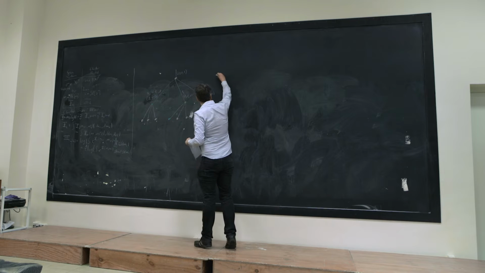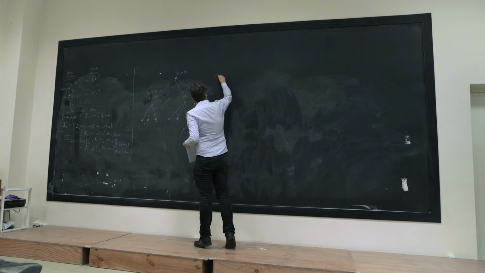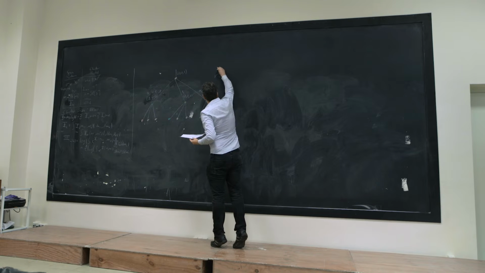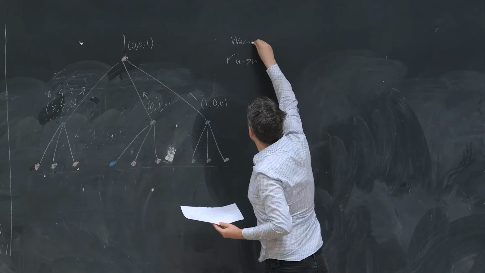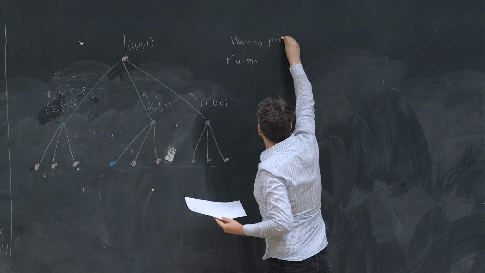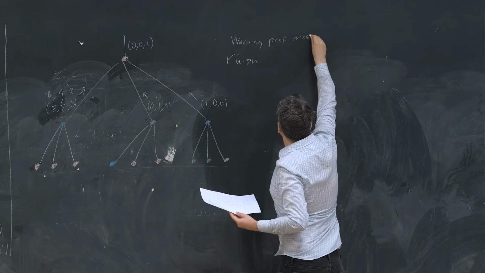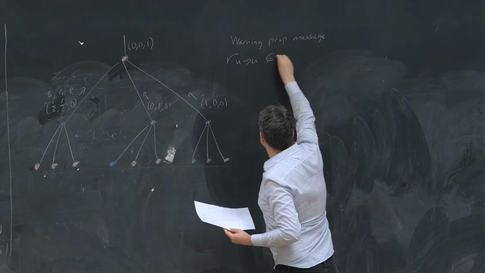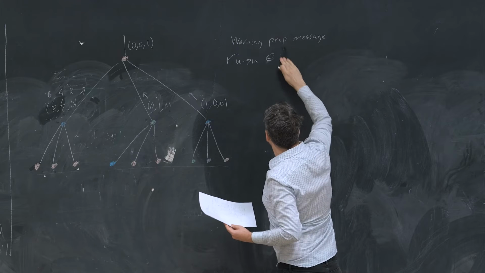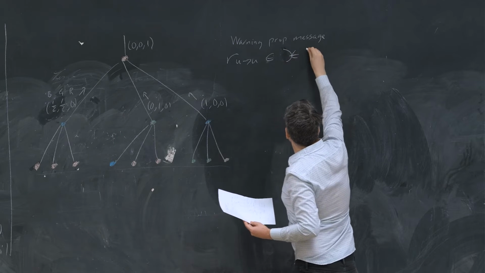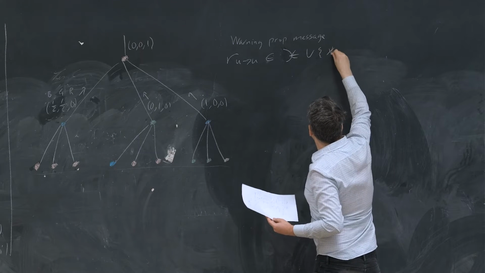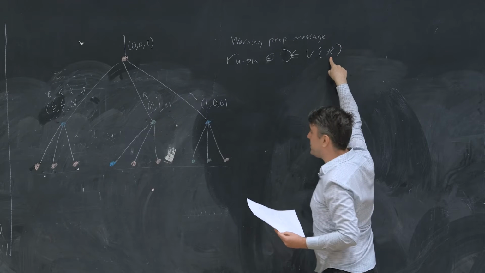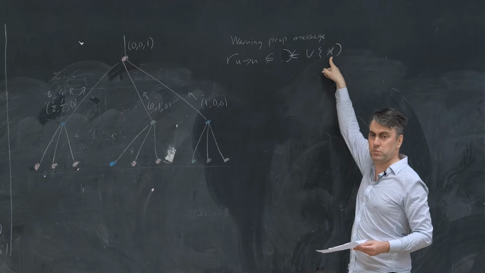So I'll write R of UV as a warning propagation message. This will take values in just our original set plus another element star, and star is just going to mean we don't know.